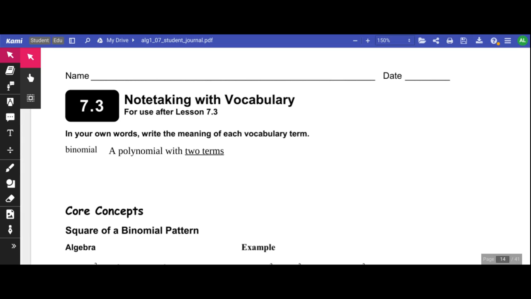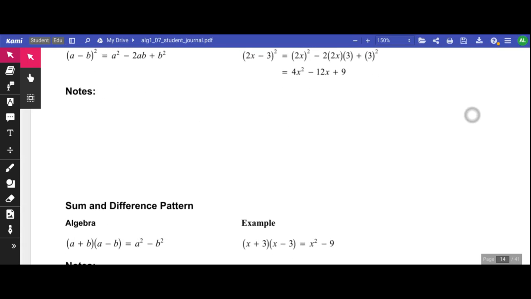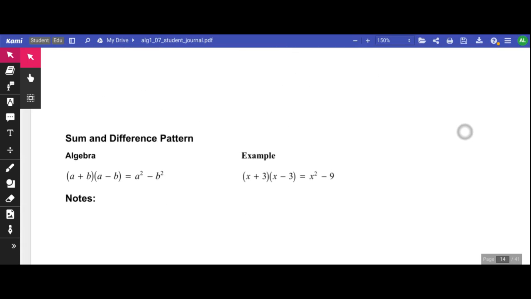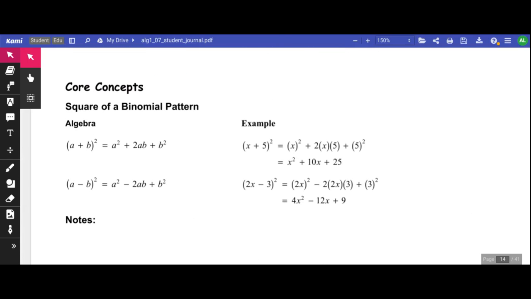All right. So let's look over here. We've got two types. We've got the square of a binomial and sum and difference. And again, this is one of those things, you look at it at first and it looks really confusing, and then you realize that it's super easy. Okay. So first off, let's think about what this really means when we have this a plus b squared.